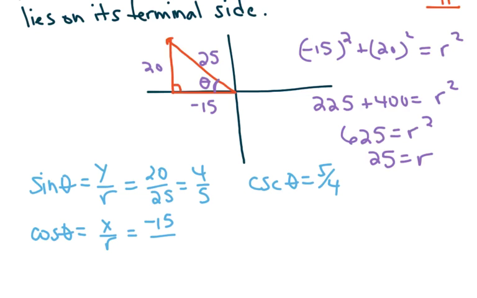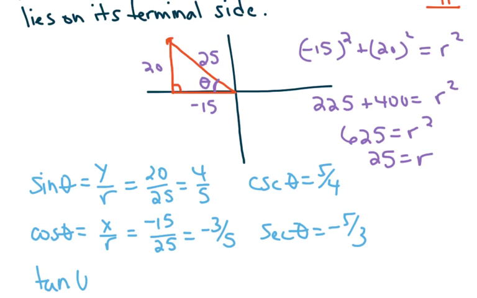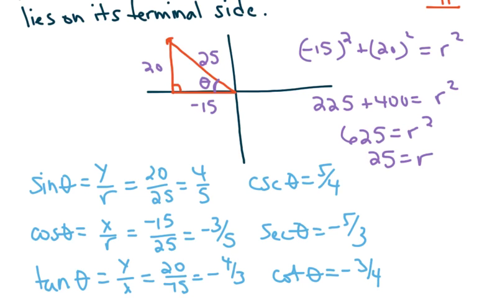It's -15 over 25, which reduces to -3/5. So the secant must be -5/3. And the tangent is going to be y over x because that's opposite over adjacent. That's 20 over negative 15, which reduces to negative 4/3. So the cotangent must be negative 3/4.